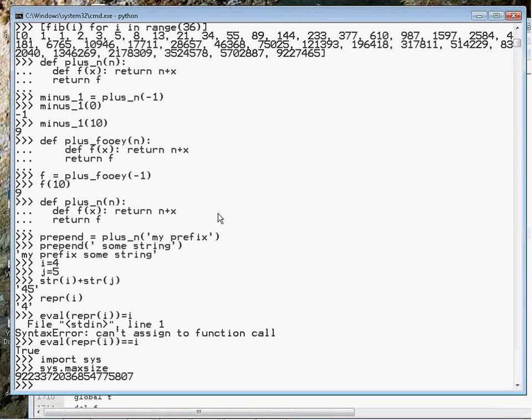Half of the class could not figure out that this was 2 to the 63rd power minus 1, even after I had them write the loop to print out the powers of 2. Okay, it's 2 to the 63rd minus 1.